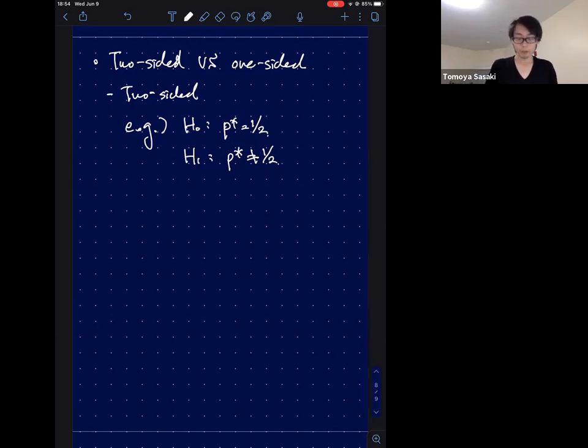So we're trying to disprove one thing, but in a way, we're trying to disprove two different things at the same time, because we don't want P star to be closer from the bottom and closer from the top. Sorry, does anyone have a question?